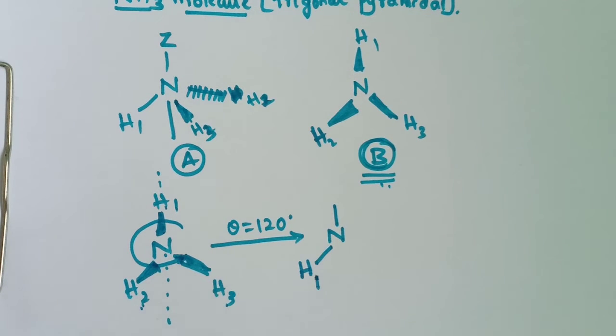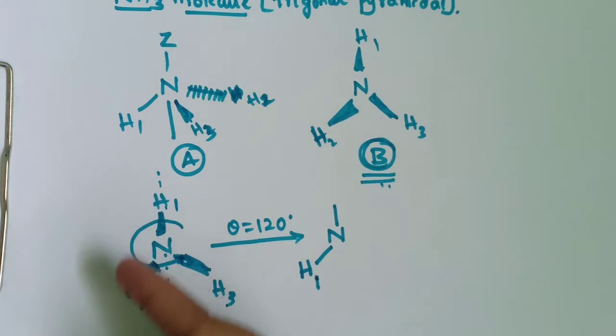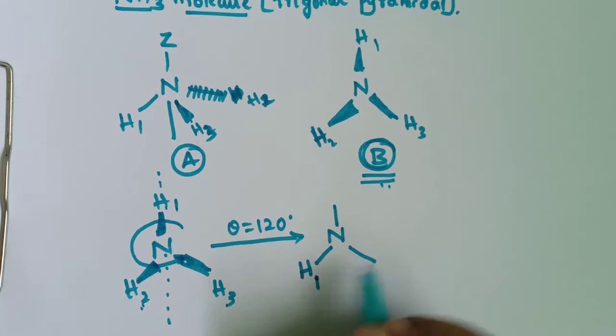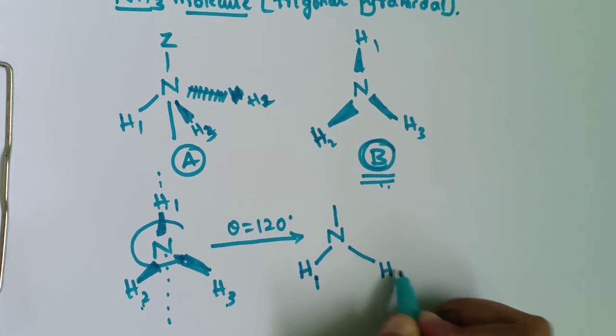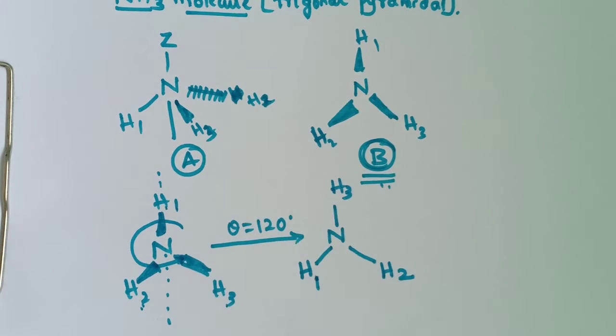H1. It is rotating like this. So this will come this side, this will come this side, and this will come this side. Here this will come this side, so it will become H2, and this will come this side, so it is H3. It is an equivalent configuration.